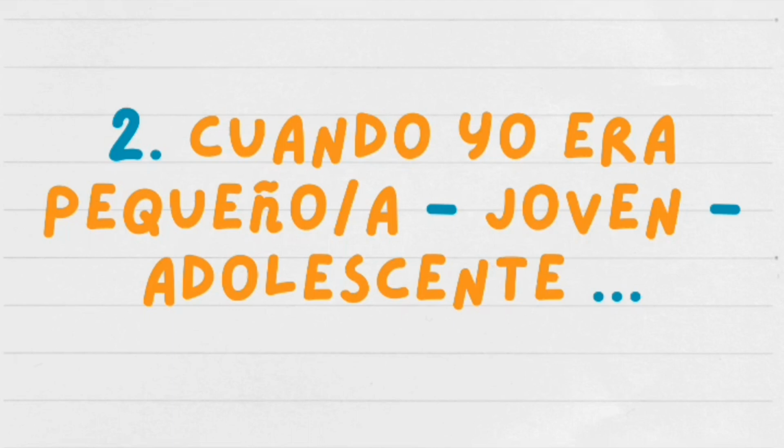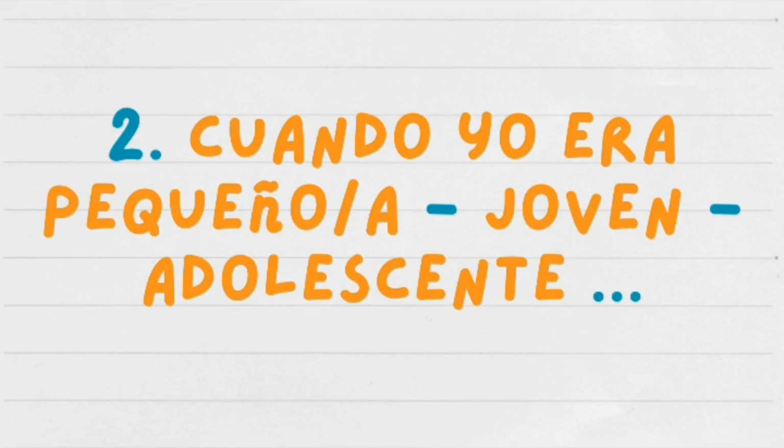Phrase number 2, when I was young, or when I was younger, which means cuando yo era joven. And phrase number 3, when I was a teenager. Cuando yo era adolescente, teenager. When I was a teenager. Cuando yo era adolescente.